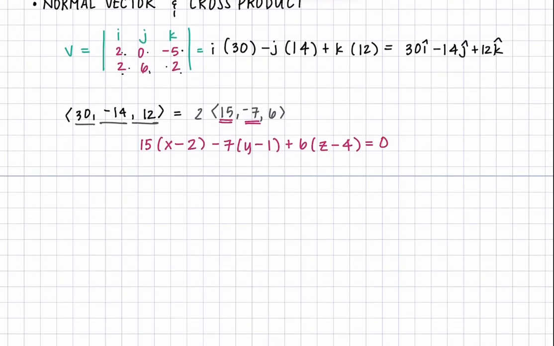If I distribute all these, combine like terms and simplify, I'm going to get 15x - 7y + 6z - 47 = 0. So that's your answer.